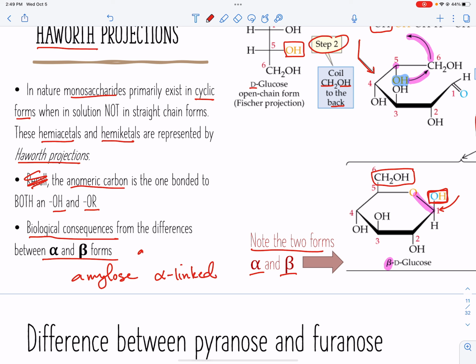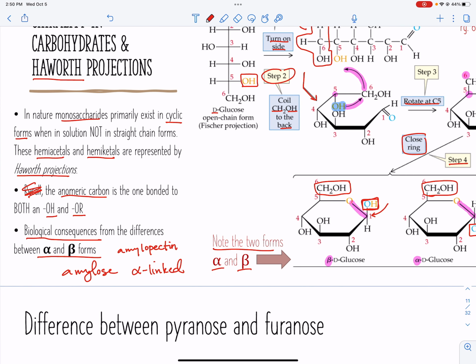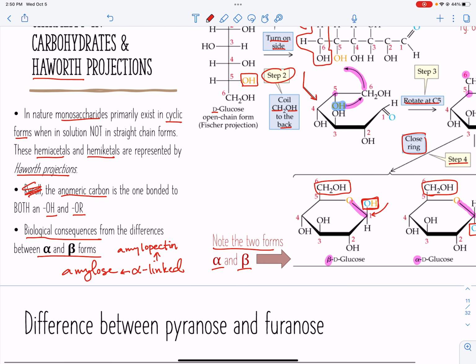Also, amylopectin, the starch in rice and bread and cookies and pretzels, are both alpha linked complex carbs. We don't have the enzymes to digest the beta linked complex carbs. So we can only digest alpha linked.